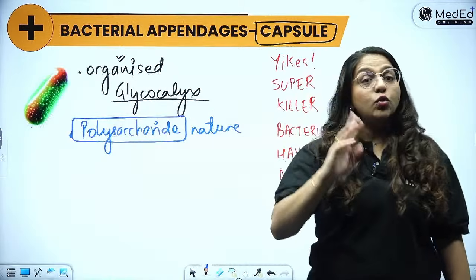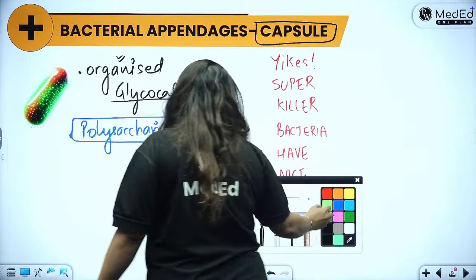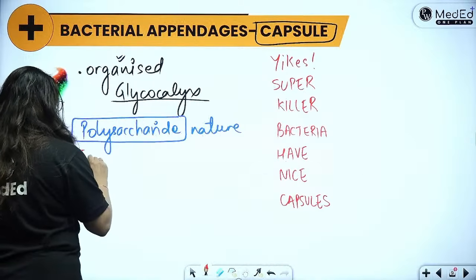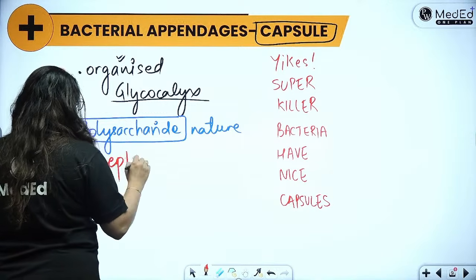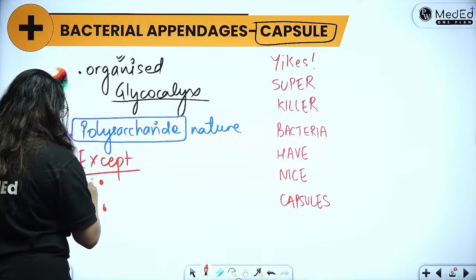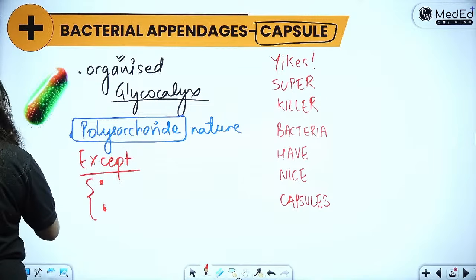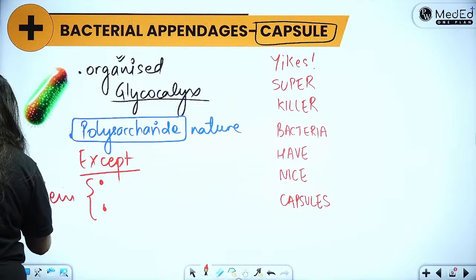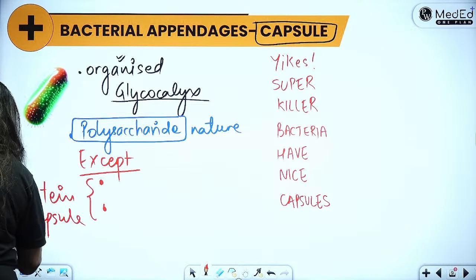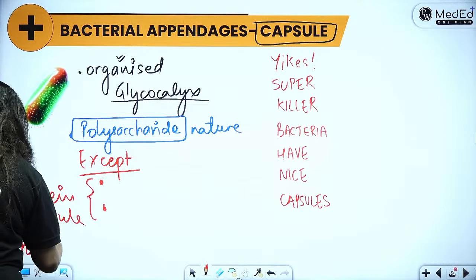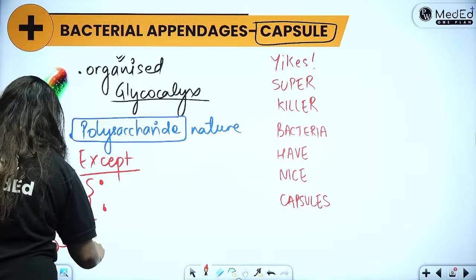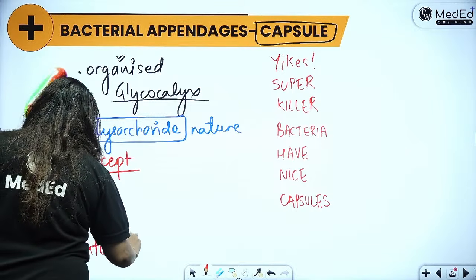There are only two organisms which have a protein capsule. And what is this protein? It is poly-D-glutamate. So who are these guys?